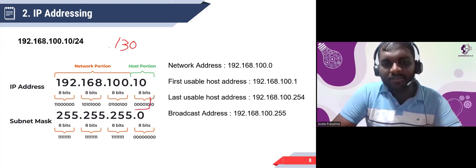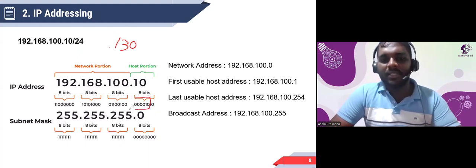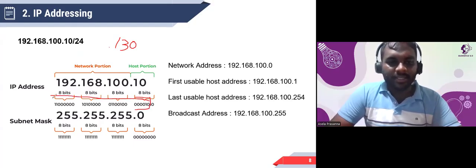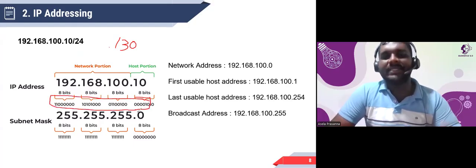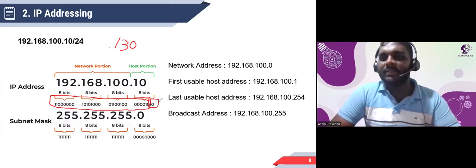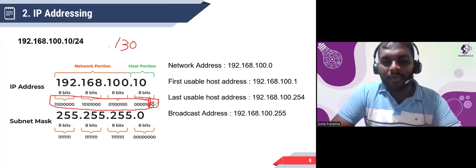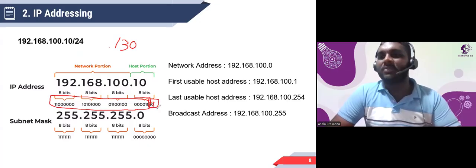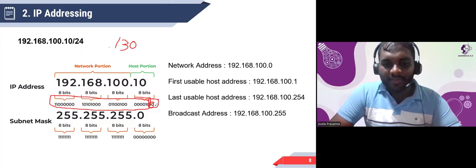At the bit level we are dividing it into two parts. The network portion becomes the first 30 bits and the host portion becomes the last 2 bits. Then we can change only these 2 bits, so you can have only 00, 01, 10 and 11.